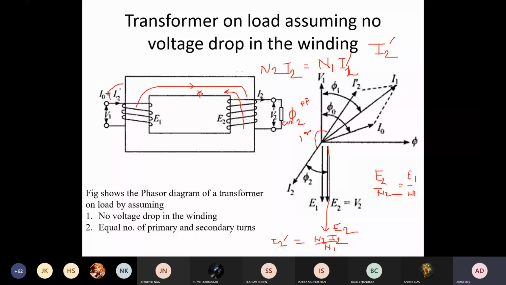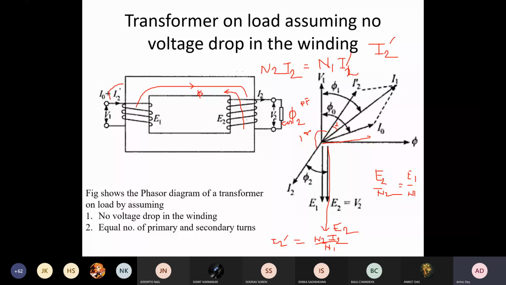Now if phi 0 is almost equal to 90, so if there is very little core loss or hysteresis loss, then this will be closer like this, and you get almost the same as this I2. So your phi 2 and phi 1, there won't be much change, right? If this particular angle alpha is small, then phi 2, phi 0 and phi 1 will be almost the same phase, same angle. Okay.